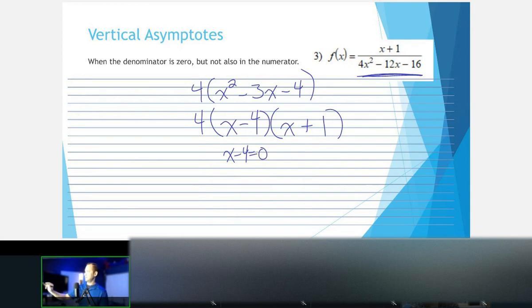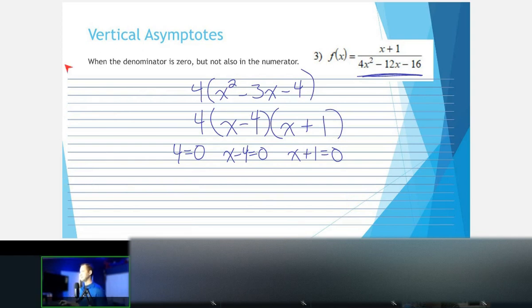Okay, so I understand somebody's question. They asked if there can be more than 2. We set all factors equal to 0, and that includes that 4. So if you said 4 equals 0, looking at that first one here, can we solve for x in this equation we created? We can't. By just having numbers, 4 equals 0, that's an invalid equation.